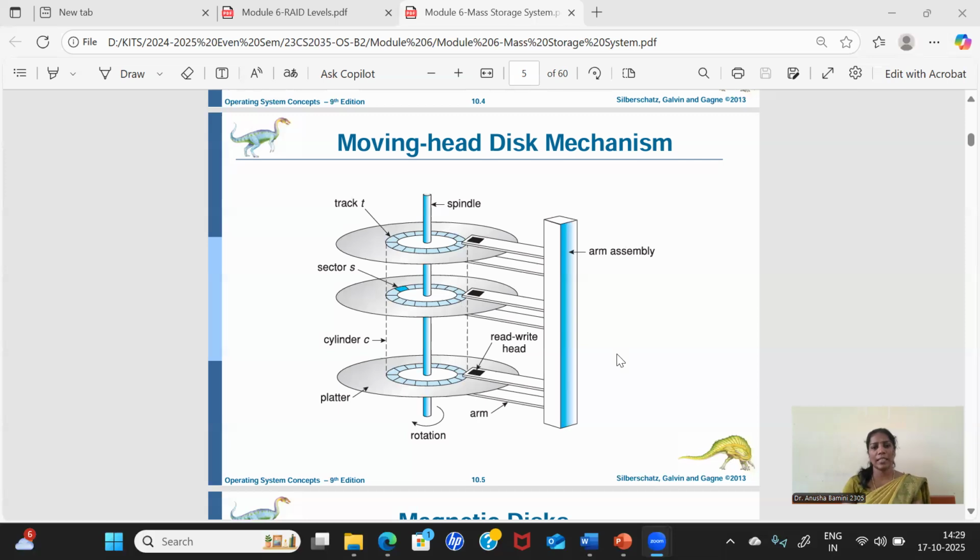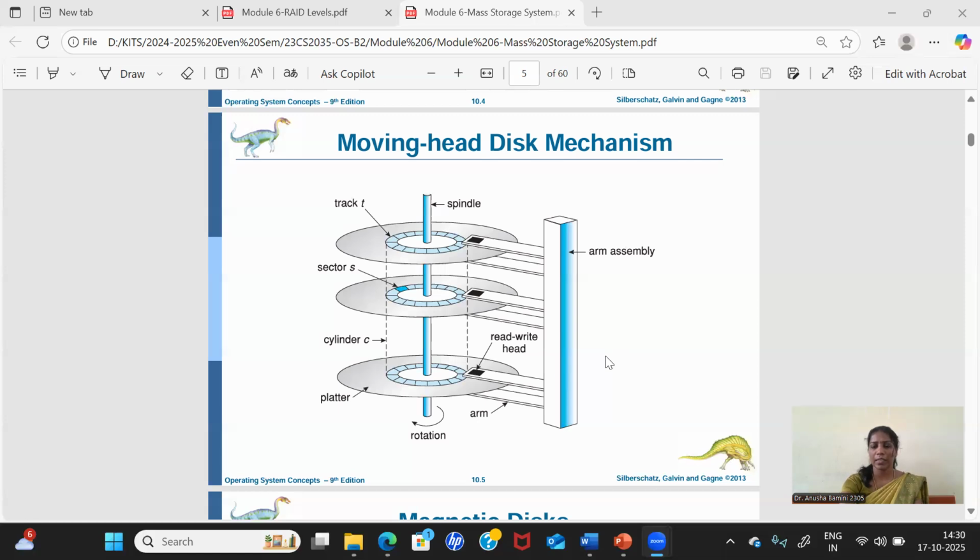Next, at the time of storing and accessing content, such as the 70th or 100th content, how does the disk read the content immediately? That is done with the help of disk scheduling.